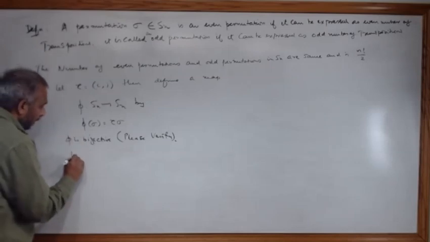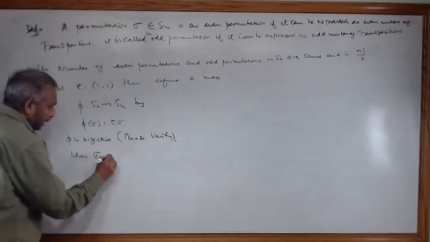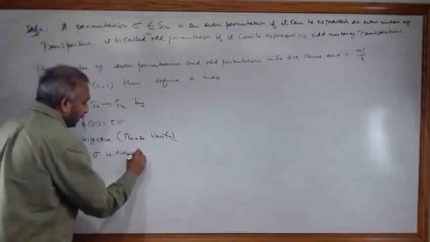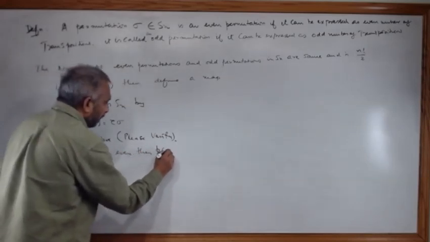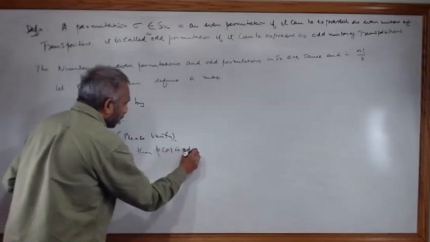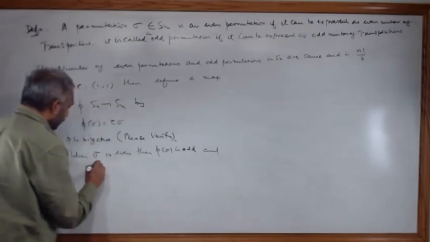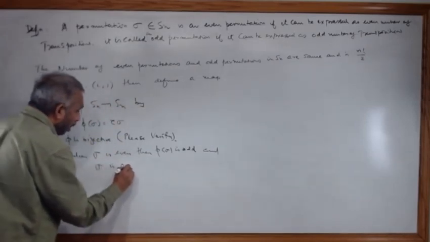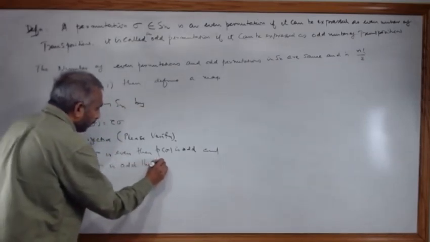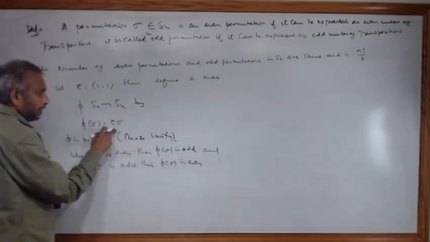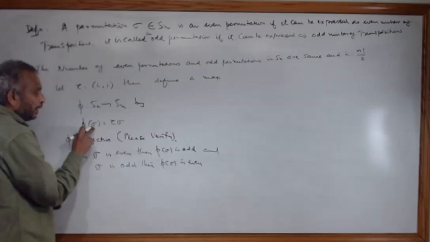Now, when sigma is even, then phi of sigma is odd, and when sigma is odd, then phi of sigma is even, because of the definition, because the number of transpositions differ by 1.